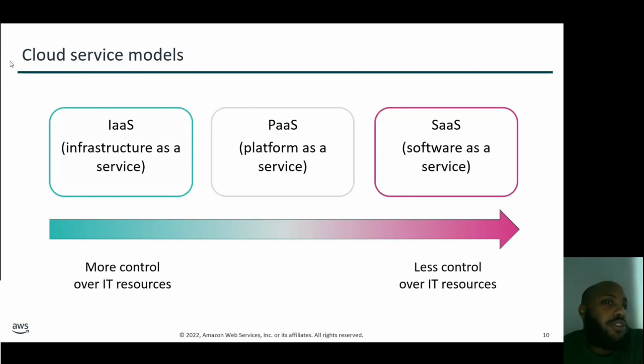So what does this mean? Infrastructure as a service. If anybody has used Heroku before to deploy a website, or if anybody is familiar with AWS, you have something known as EC2, right? Those are infrastructure as a service. Why do we say it's infrastructure as a service?